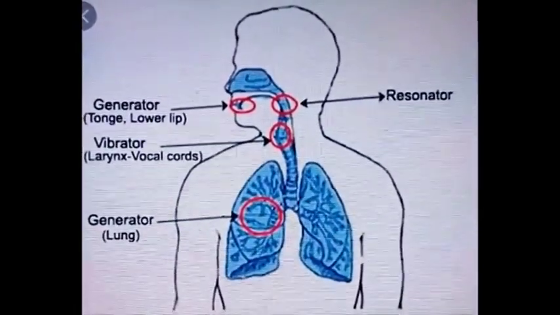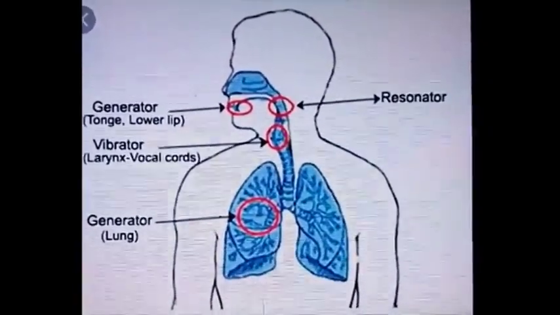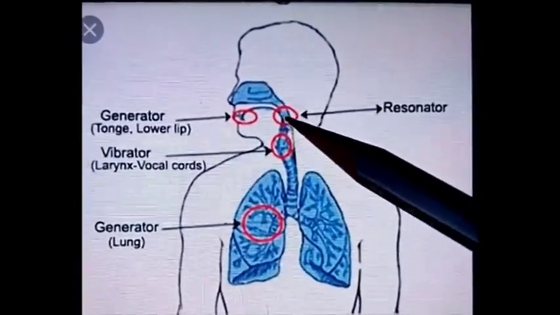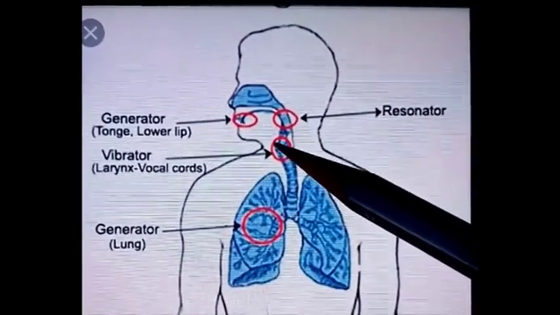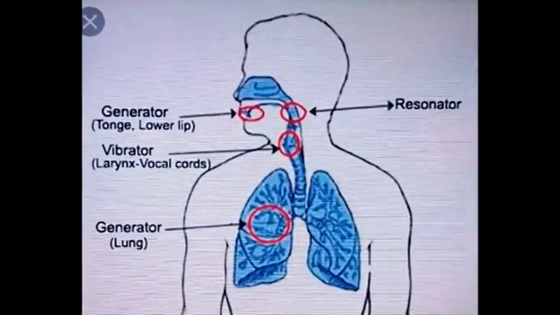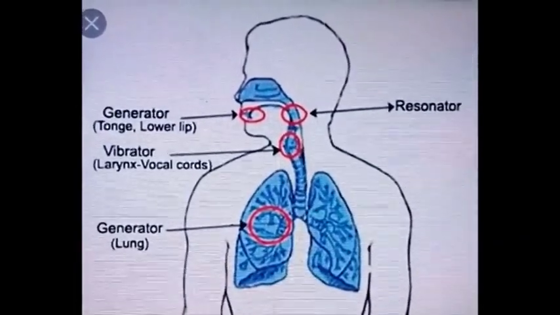The sound is then modified by the vocal tract. Vocal tract means the column which extends from glottis or vocal folds to the nose. So vocal tract modifies the sound into different vowels and consonants.